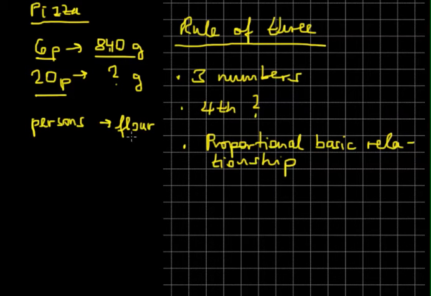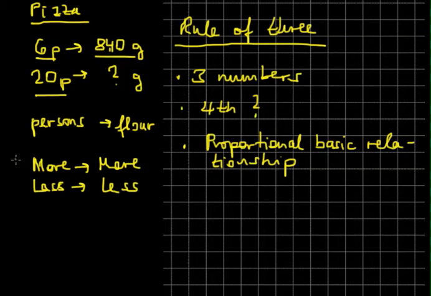And now this is an important point. This relationship here is of proportional nature in a way that more of one item is more of another item, or less of one item is less of another item.